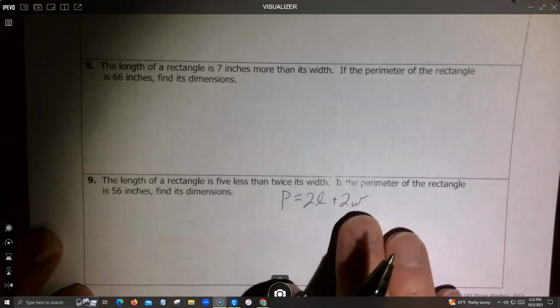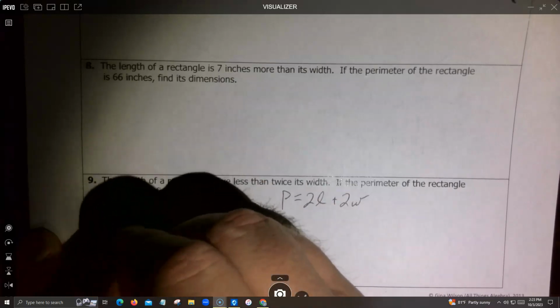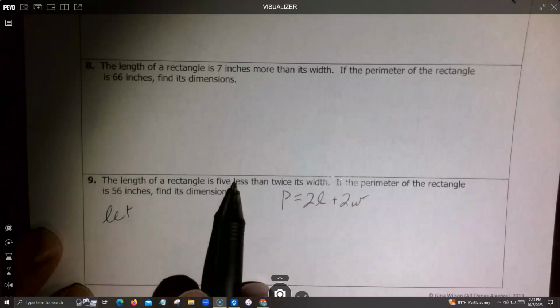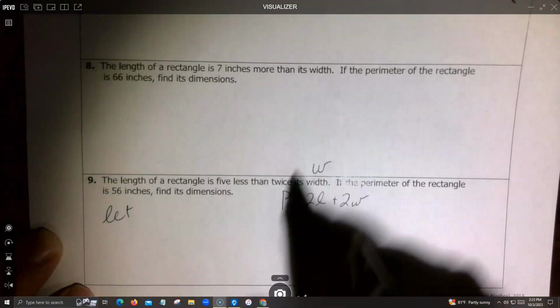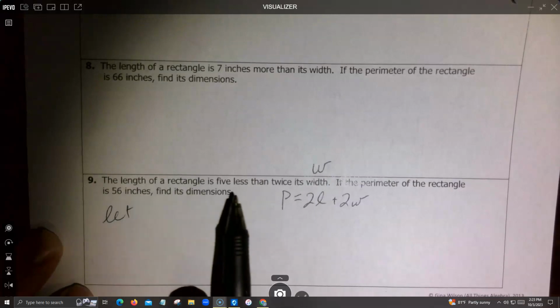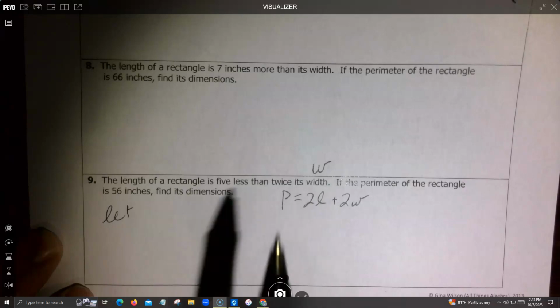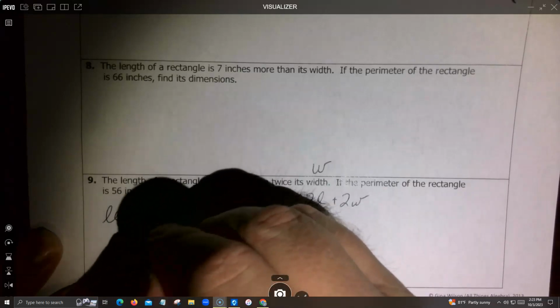So we have the formula, and now we're doing our let step. Okay, so we're going to look at the last thing mentioned at the end. That's w. So if this had said the width is blah, blah, blah, length, we would use length first. But we're going to use w. Okay, w equals the width.